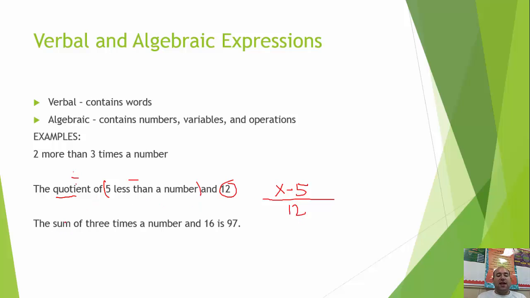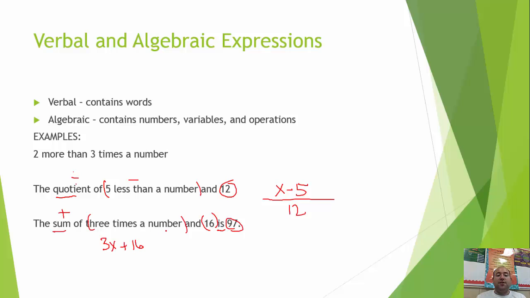Okay, the third example: the sum of 3 times a number and 16 is 97. Okay, so sum is addition, so we're going to add 2 numbers. The 2 numbers we're adding are this 3 times a number thing and 16. 3 times a number, 3 times x, and 16.